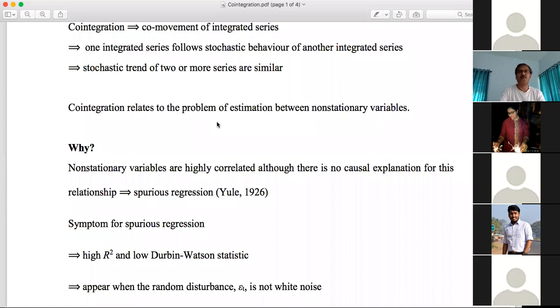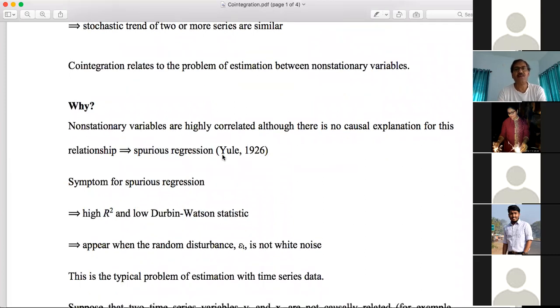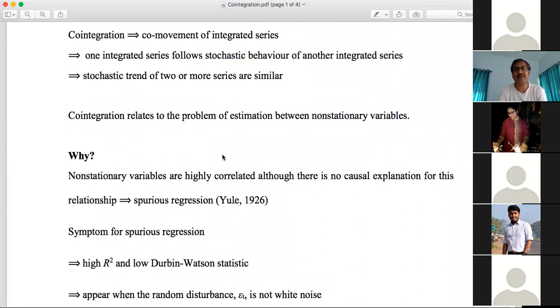Beta hat means the regression coefficient for car accident and consumption expenditure in our example. So this high value of correlation coefficient or high value of regression coefficient between the non-stationary variables in many cases provides nonsense result. This is the basic problem that was identified long years back in 1926 by Yule. And this typical type of problem is called the problem of spurious regression.